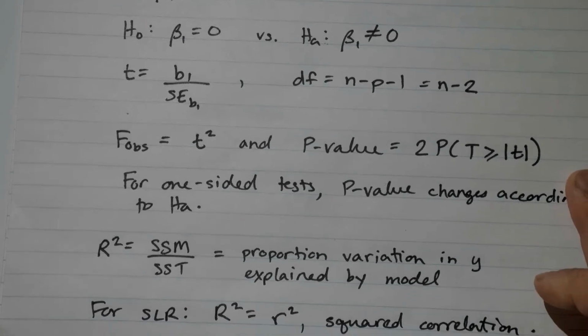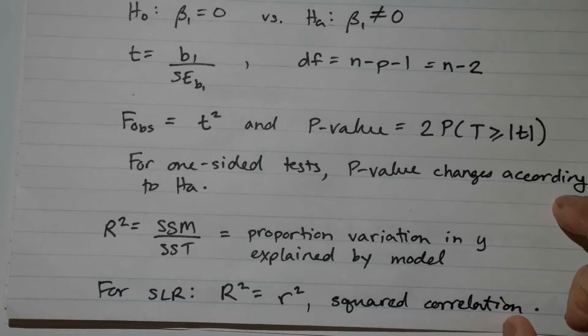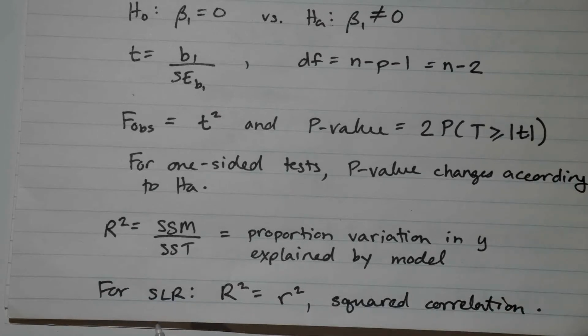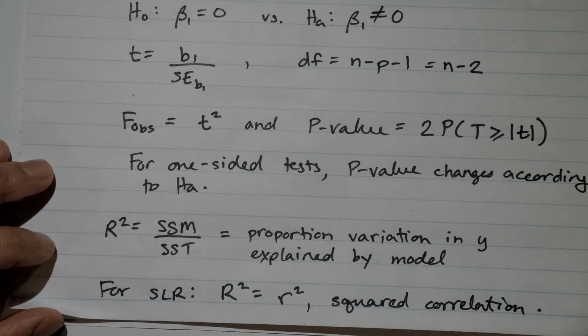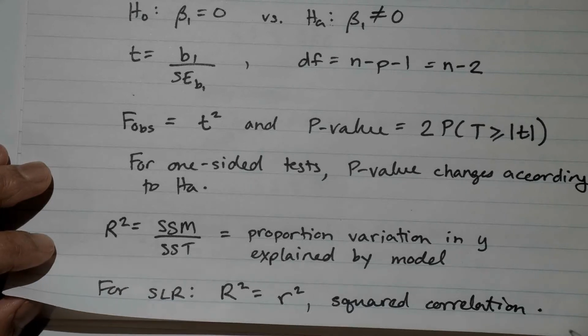And what's nice about that is that in simple linear regression, that capital R squared is in fact numerically equal to the squared correlation as well. So that's the correlation between our explanatory variable and our response variable. And remember, the correlation is basically a measure of the extent to which there is a straight line relationship between the two variables.